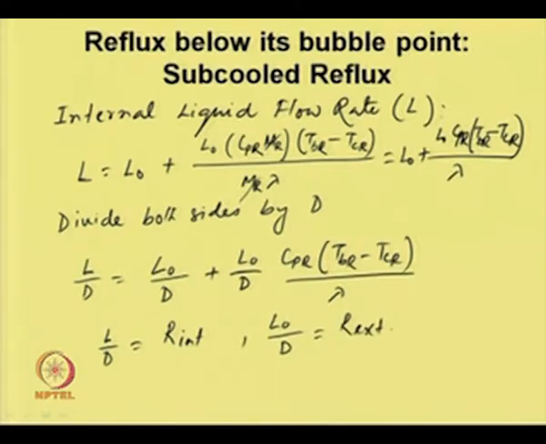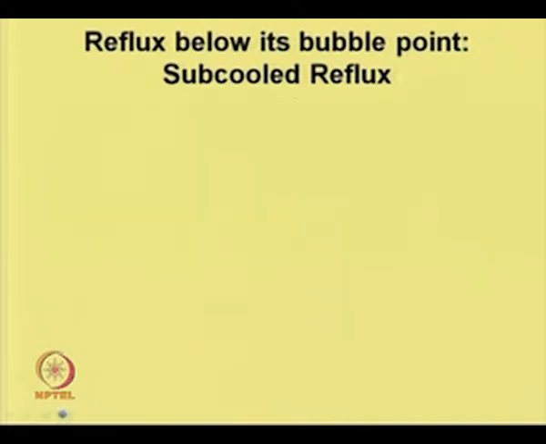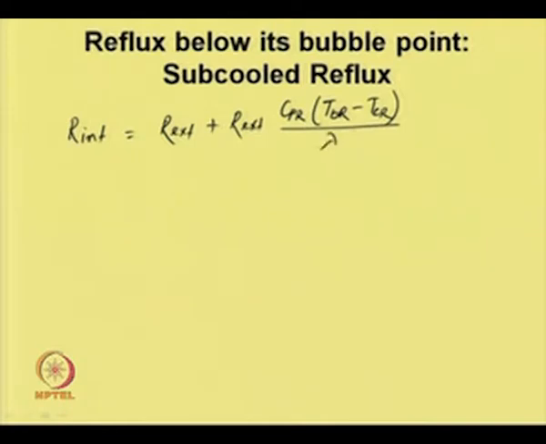So, we can write R internal would be equal to R external plus R external into CPR into TBR minus TCR divided by lambda.